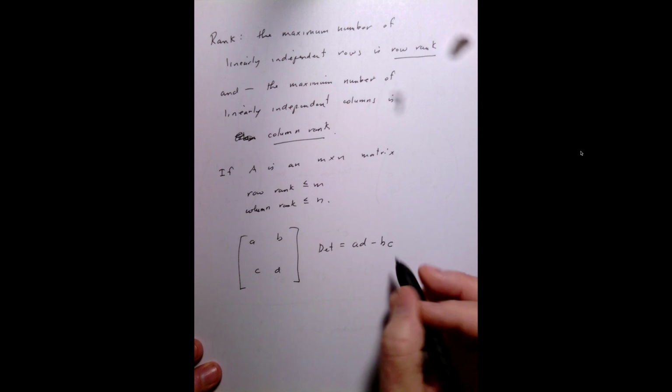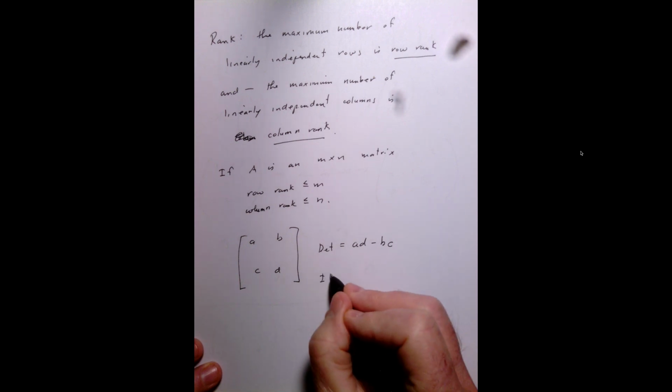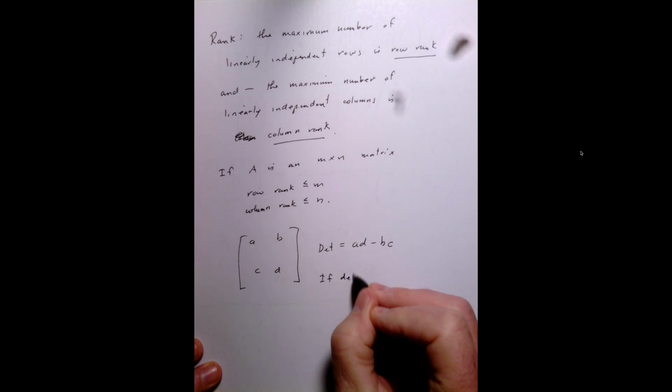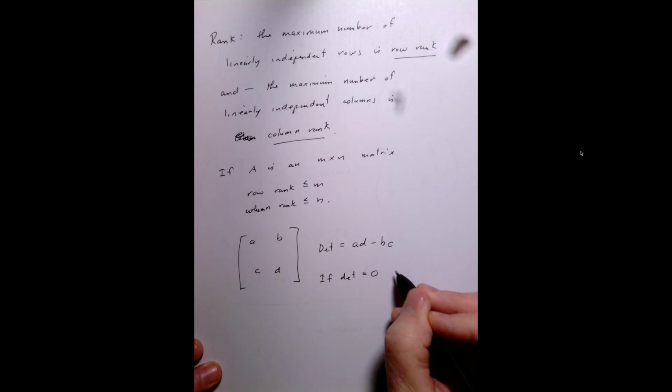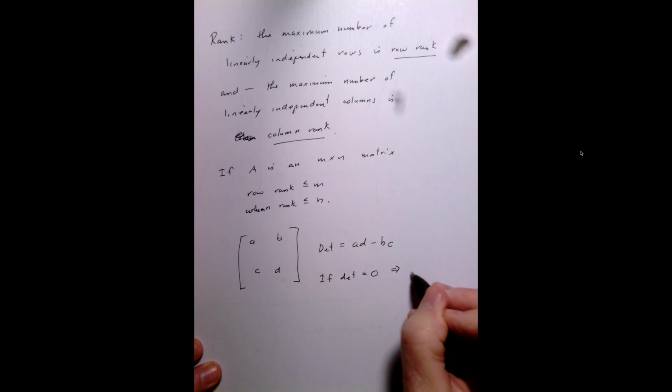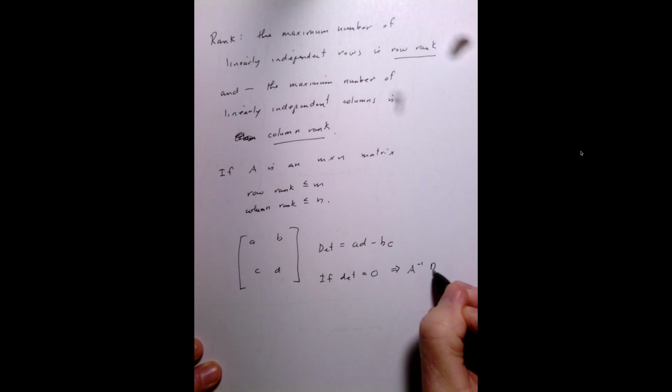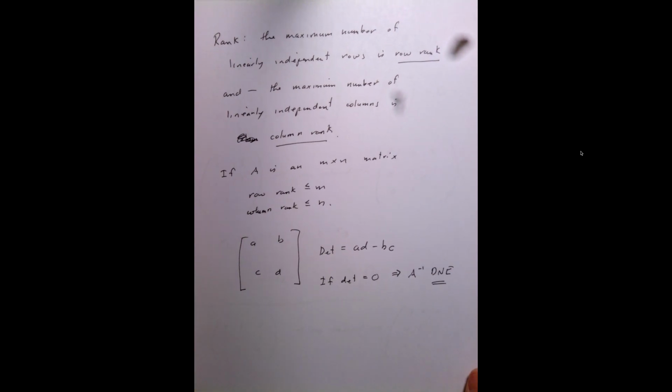So if the determinant is equal to 0, then the A inverse does not exist. So again, just some things that you tattoo to the brain, and that will be used. It'll be sprinkled throughout the rest of the videos.